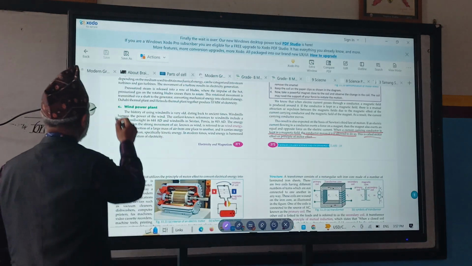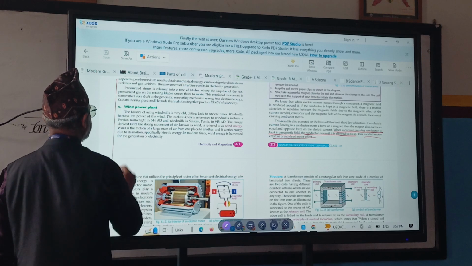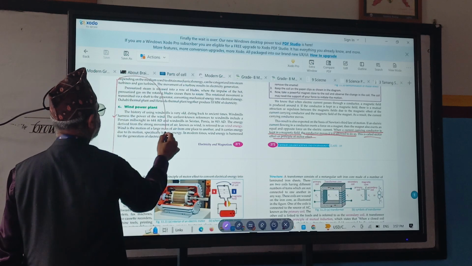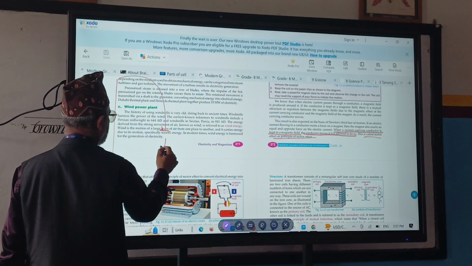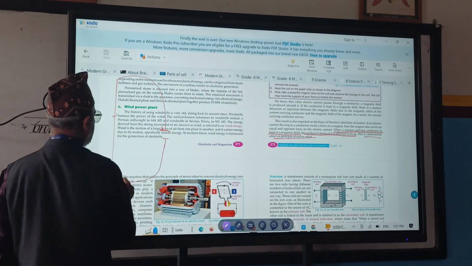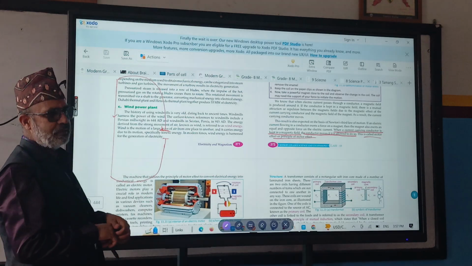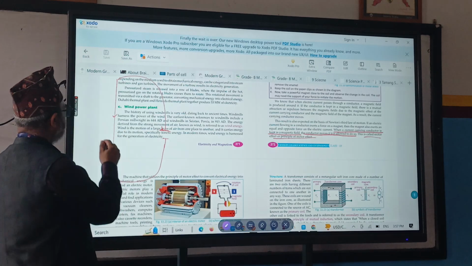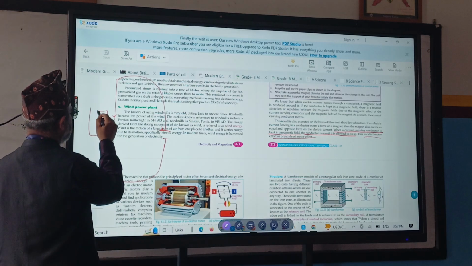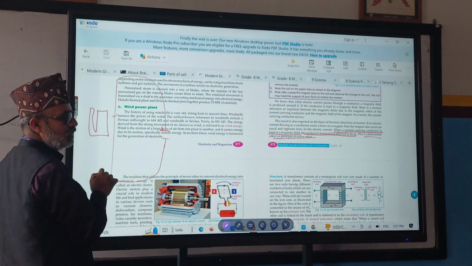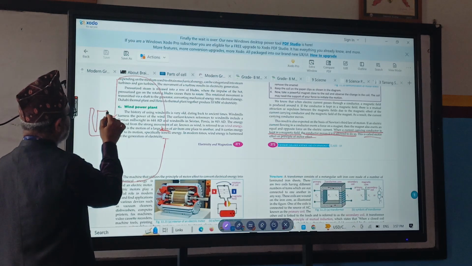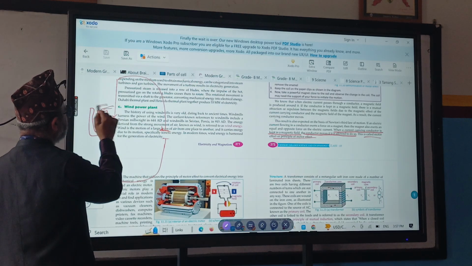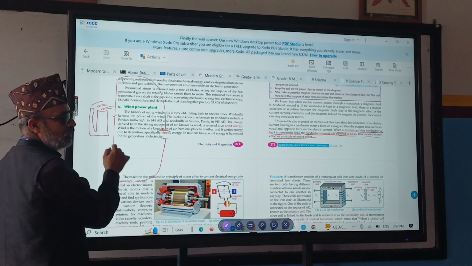I mean, we know that. Suppose it is connected like this, right? Then what is flowing through it? Current is flowing through it. And if we keep here one magnet, see, this magnet also has a magnetic field. This wire also has a magnetic field.